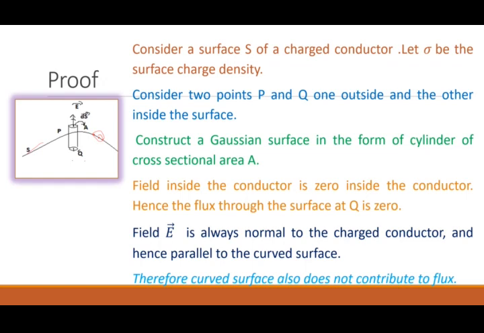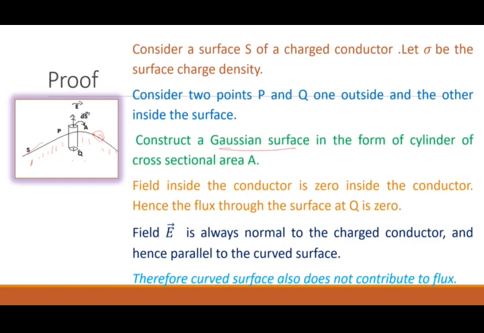Consider two points P and Q. P is outside the conductor and the other is inside the surface. You imagine this is the solid part of the conductor. Therefore, Q is inside the conducting material. Construct a Gaussian surface.